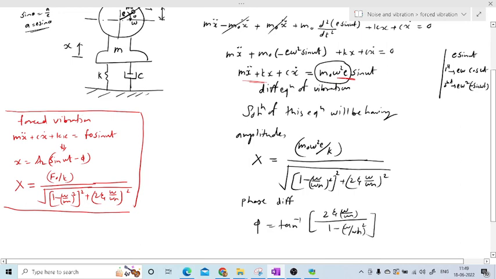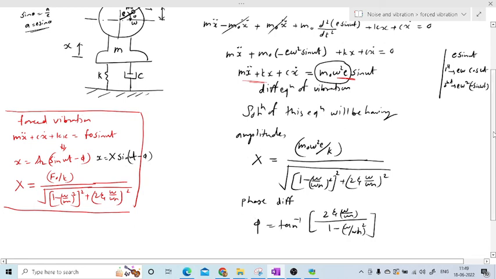This is the phase difference. Okay, and the solution can be written as x is equal to X sin omega t minus phi, where this is the value of X and this is the value of phi. So this is the amplitude and this is the phase difference.